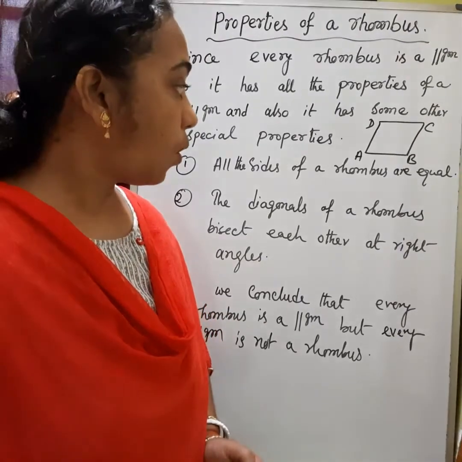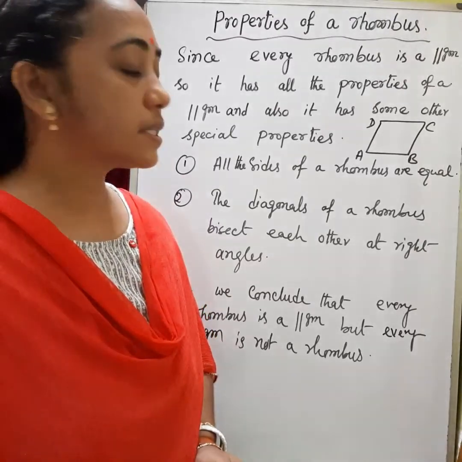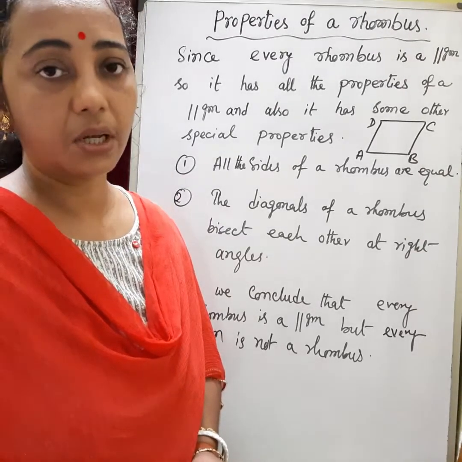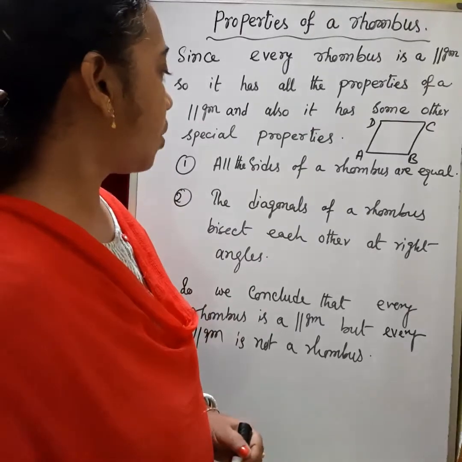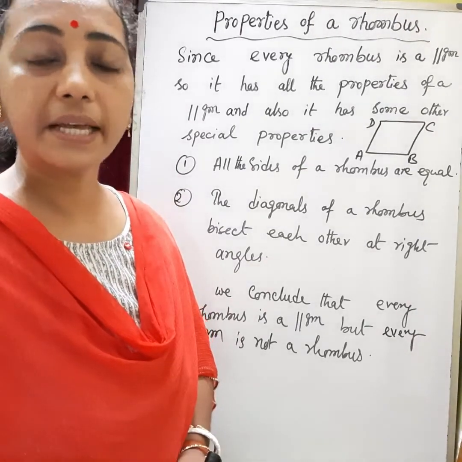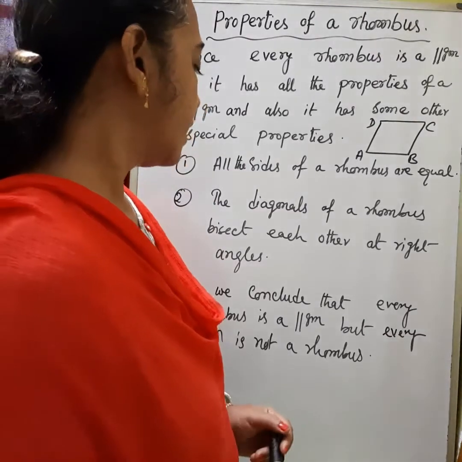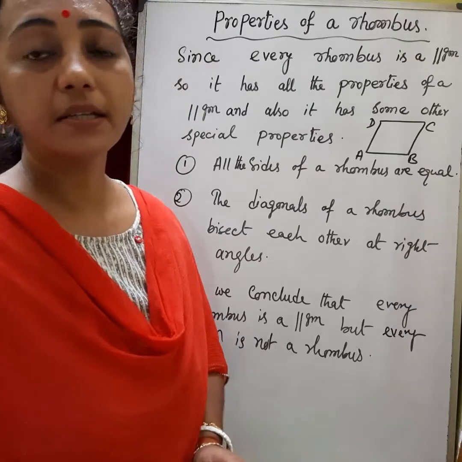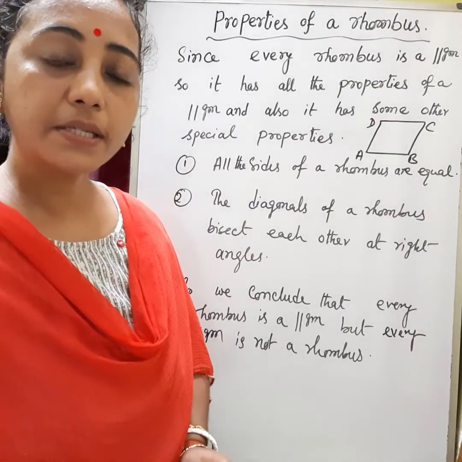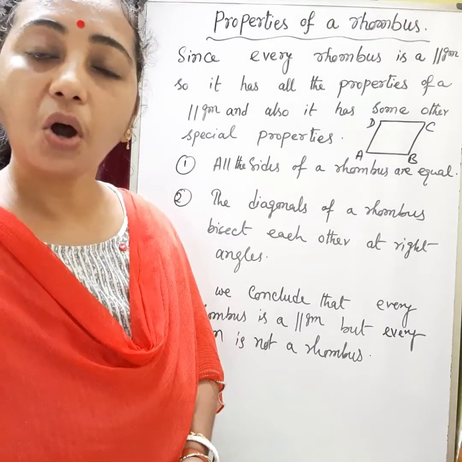That is, all sides of a rhombus are equal and the diagonals are perpendicular to each other. So we can say that in a rhombus all sides are equal and the diagonals bisect each other at right angles. So from these properties we can say that every rhombus is a parallelogram, but every parallelogram is not a rhombus.